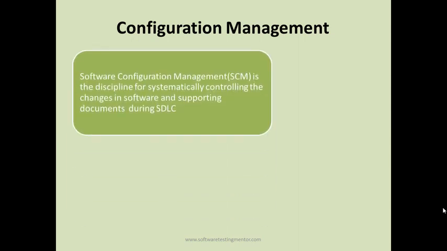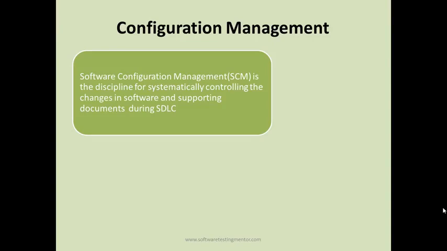Software configuration management is the discipline for systematically controlling the changes in software and supporting documents during SDLC. It's a systematic way of controlling the changes in software or any related documents during SDLC. It can be your software code, or supporting documents like your design documents.